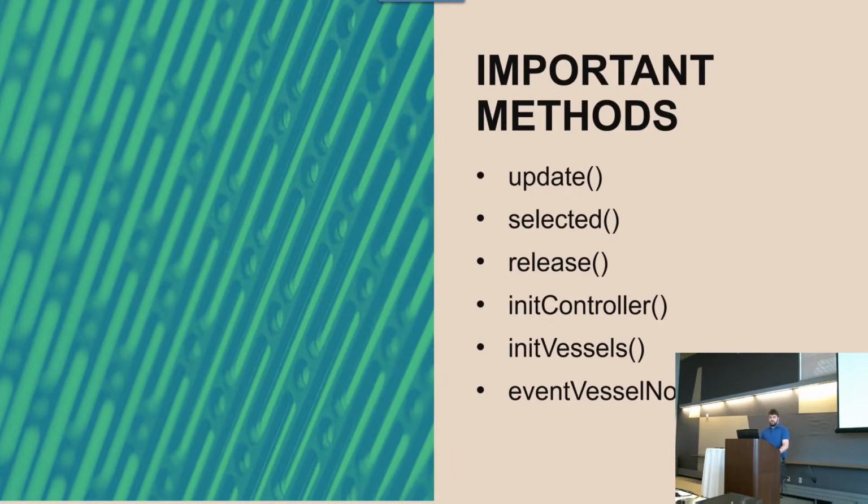So you can either tell event vessel notify which vessel you want to send the event to, or you can do it the more broad approach and just say, I want to notify vessels of release. So the user releases the button, I fire off an event to all of my vessels. All of my vessels know that the release button has been pressed. Or you can do it to a specific single vessel.